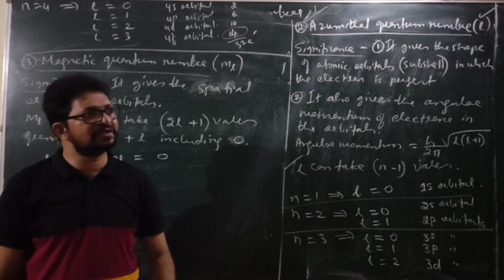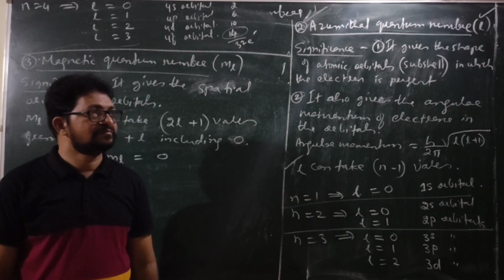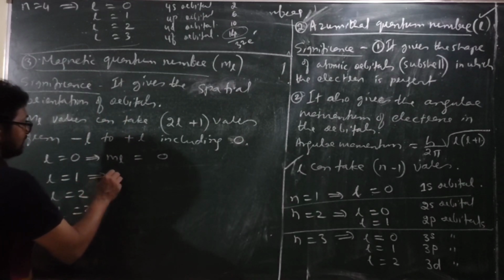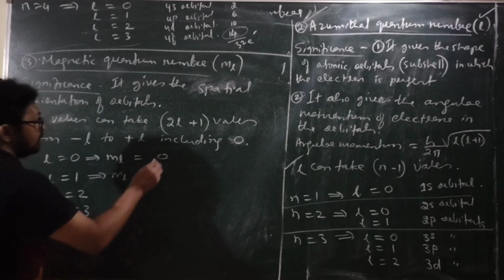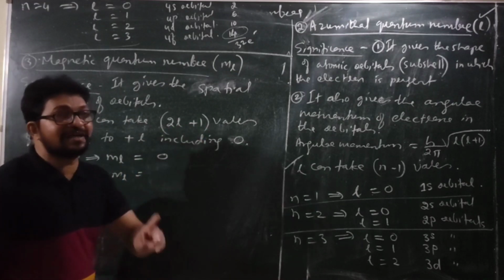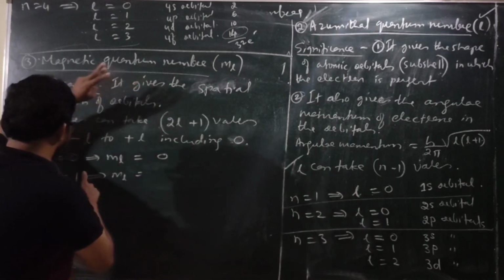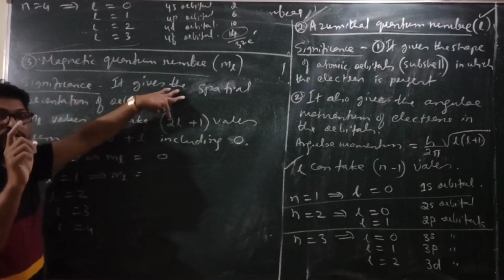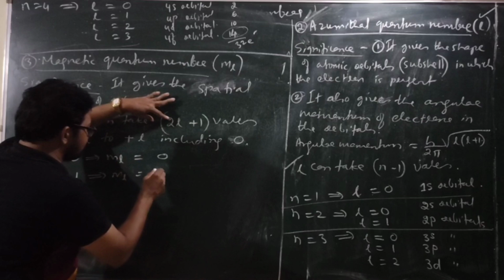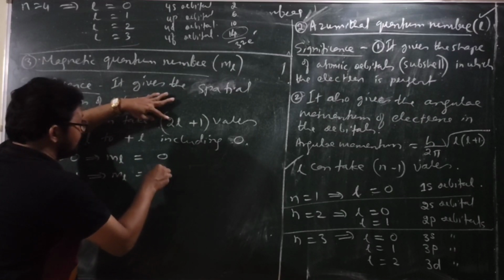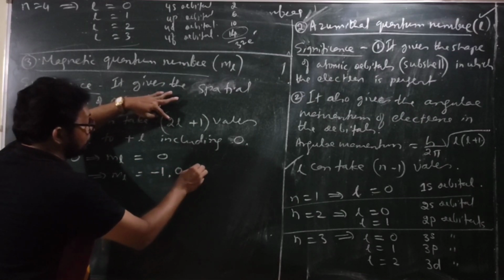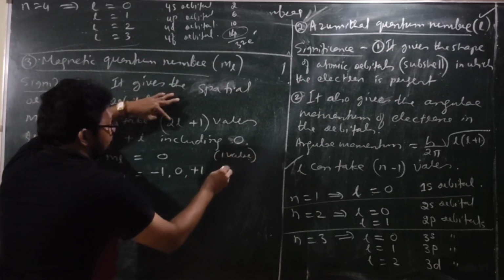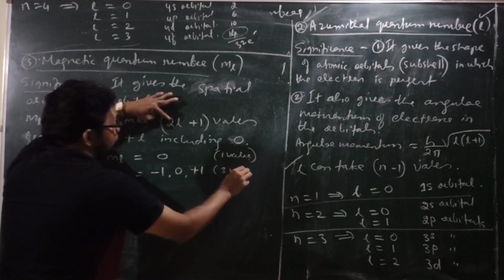What is that? 0 only. Then l equal to 1 implies ml can take 2 into 1 plus 1, that means 3 values: minus 1, 0, plus 1.